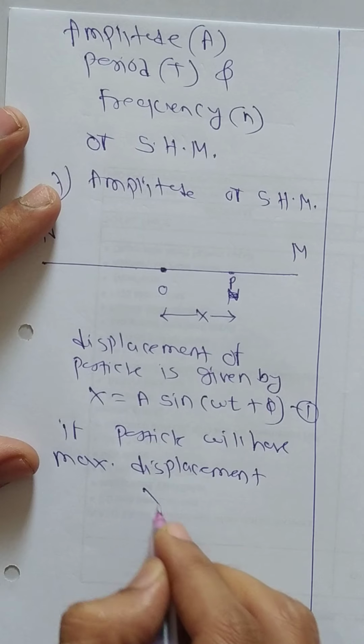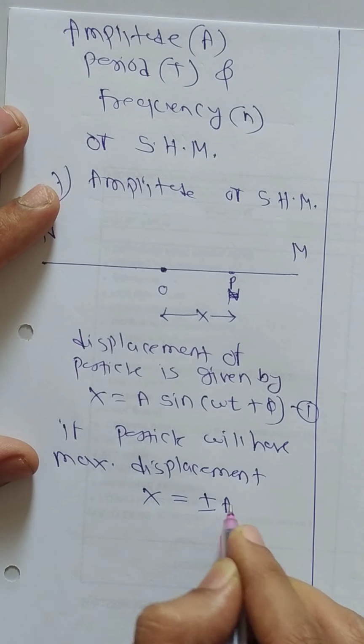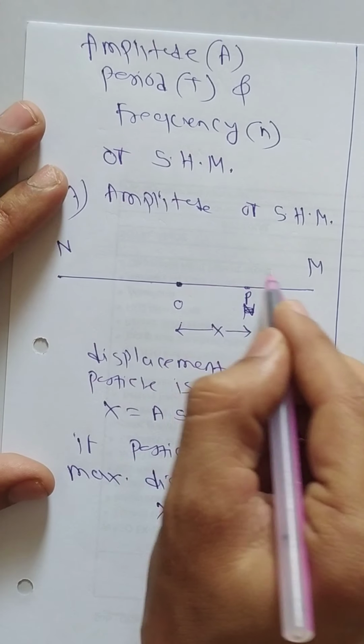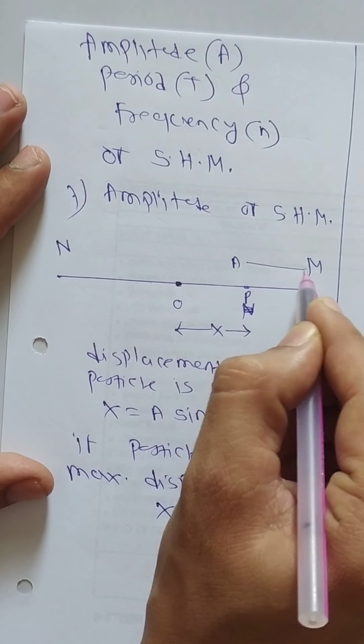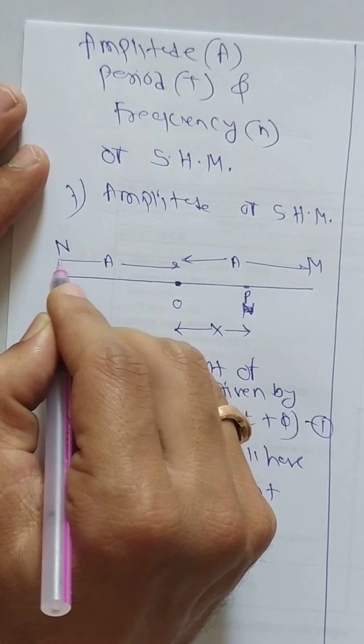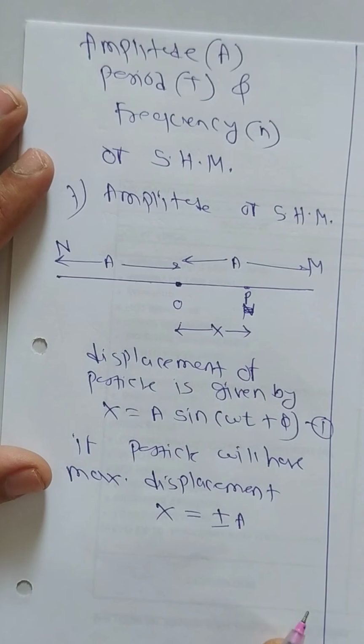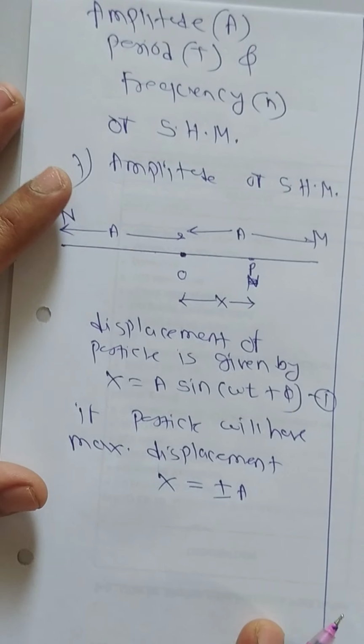Then x is equal to either plus a or minus a, because this will be your total amplitude. So either it will be plus a or minus a.